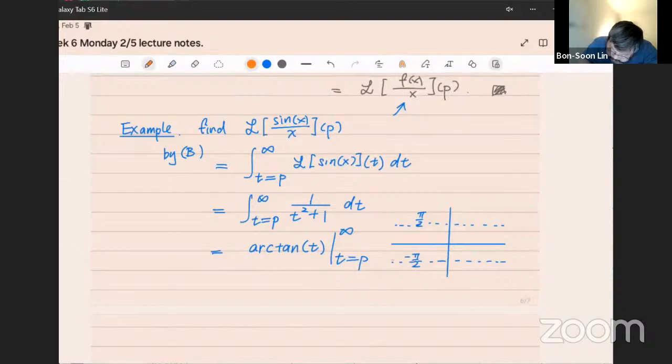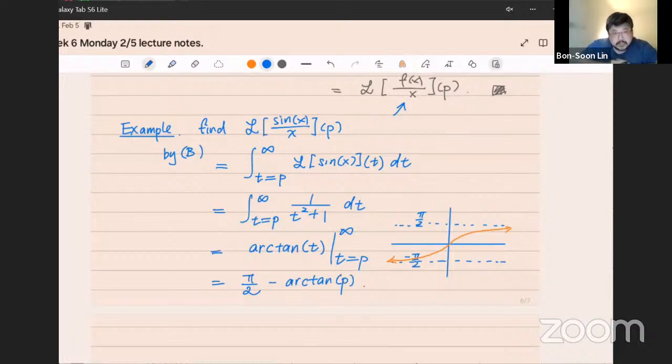This is arctangent. So arctangent at infinity is really just pi over 2. That's the limit. Minus arctangent of p.